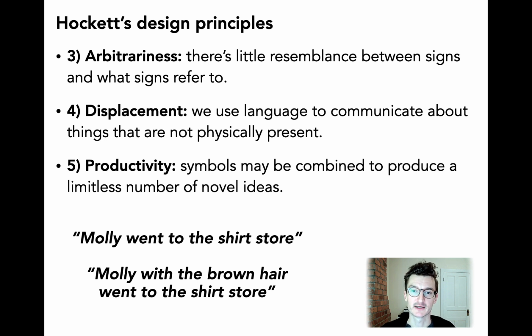They see a tiger and they make the call for tiger. They see food and they make the call for food. We use language all the time to talk about things that have happened in the past and things that might happen in the future. And this is incredible. It allows us to plan ahead and to record our history. It's a super important aspect of language.